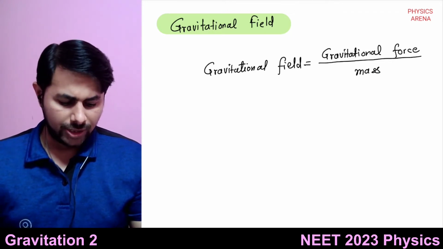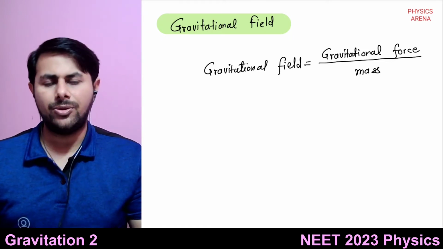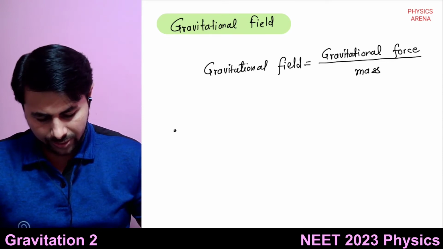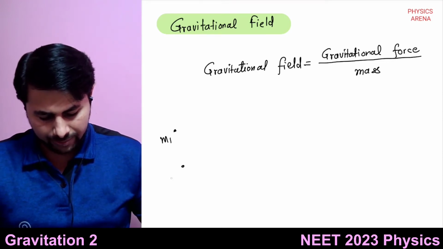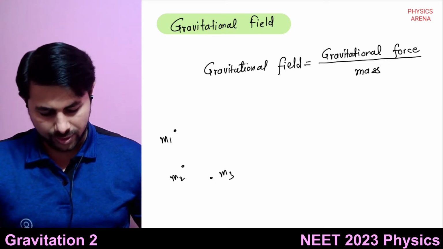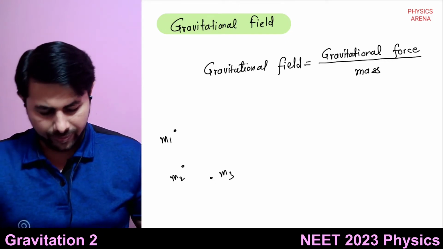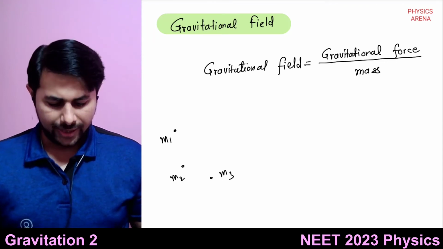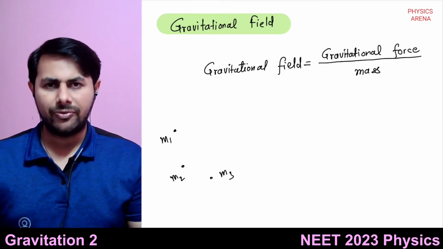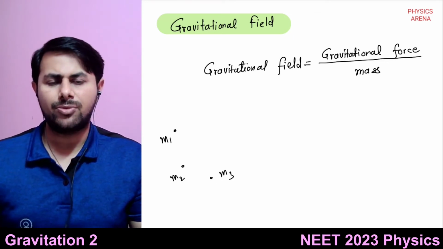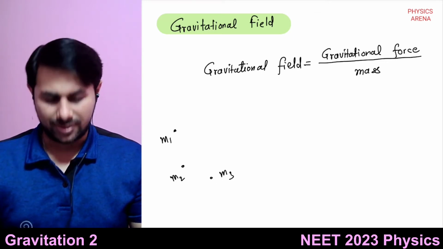Now this gravitational field can be due to n number of objects. Let's suppose we have n number of masses m1, m2, m3, and so on. All of them will create their own gravitational field, and the net gravitational field will be the vector sum of all the gravitational fields produced by all of those masses.